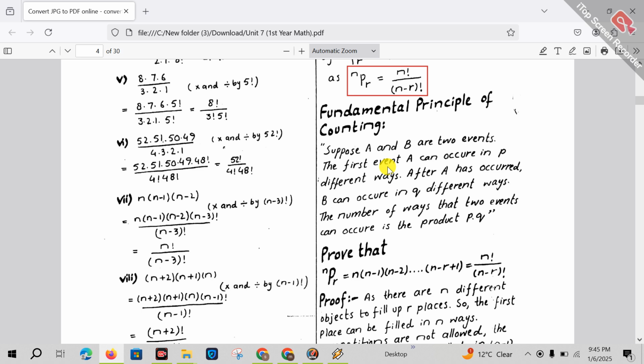Here 1, 2, 3 are members of A, and these members are also in set B. So every element of set A is also an element of set B, and A is called a subset of B. In that case B is the superset of A.